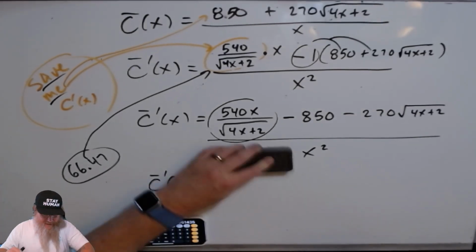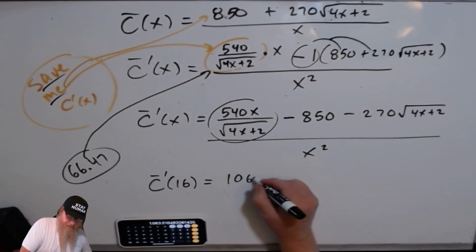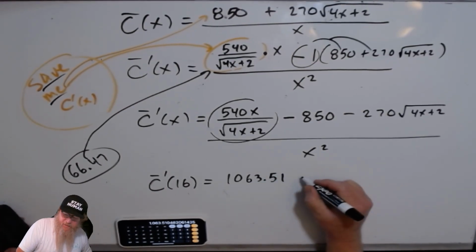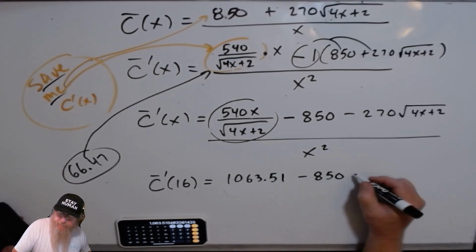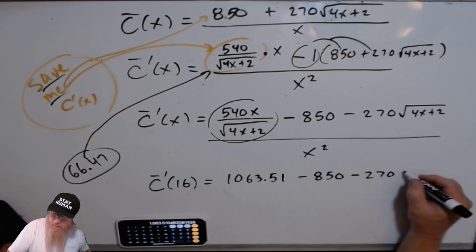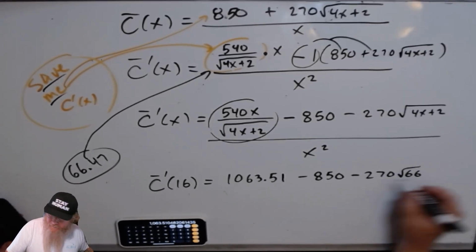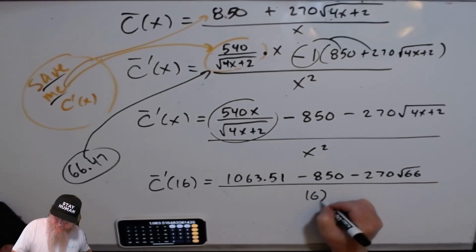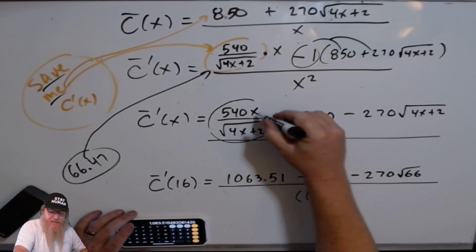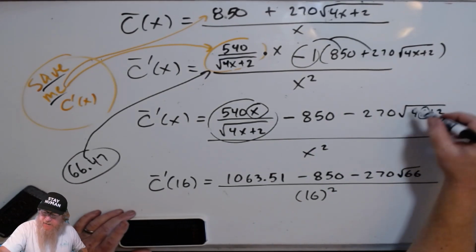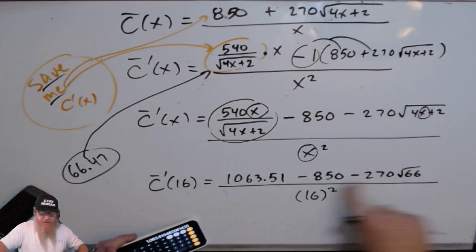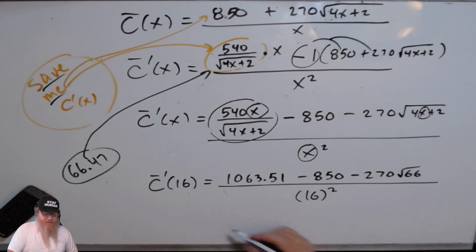So this is going to be $1,063.51. So I'm plugging in 16 everywhere there's an x. And then I'm going to simplify all this.